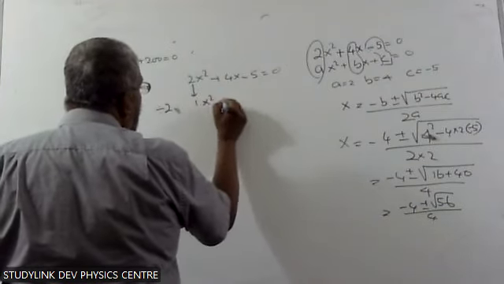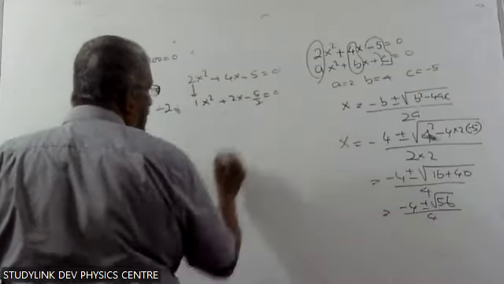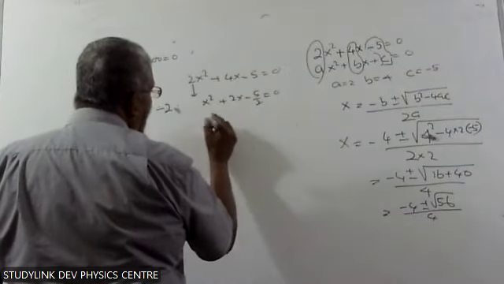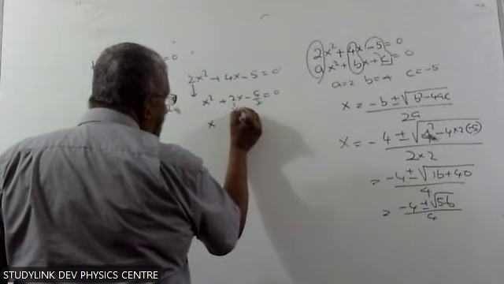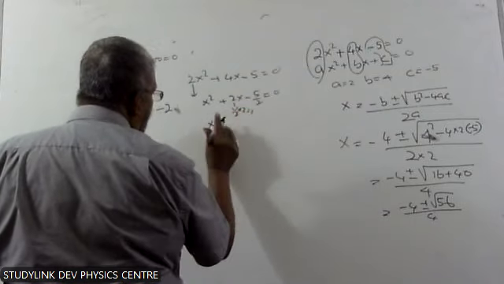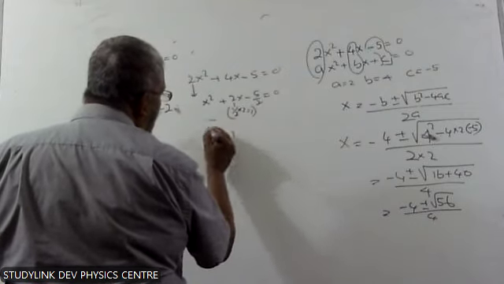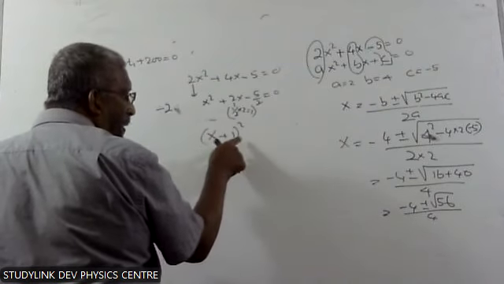Then x squared plus 2x minus 5 by 2 is equal to 0. Then x plus half of this. Half of 2 is 1. Then we can write x plus 1 whole thing squared. Then x squared, a plus b squared like that.